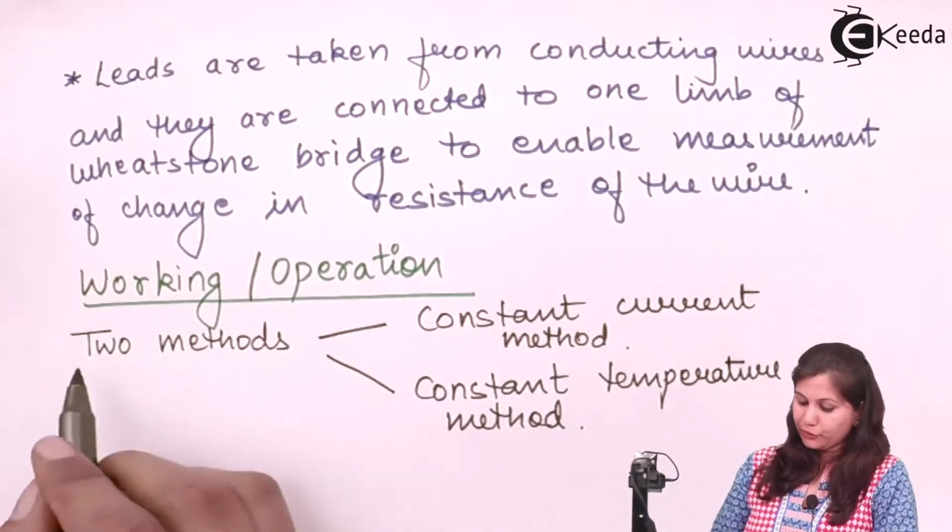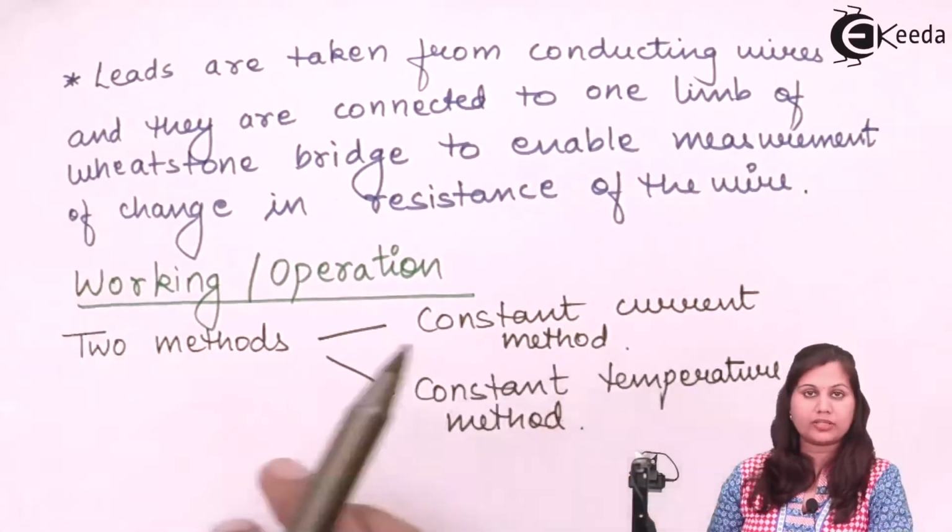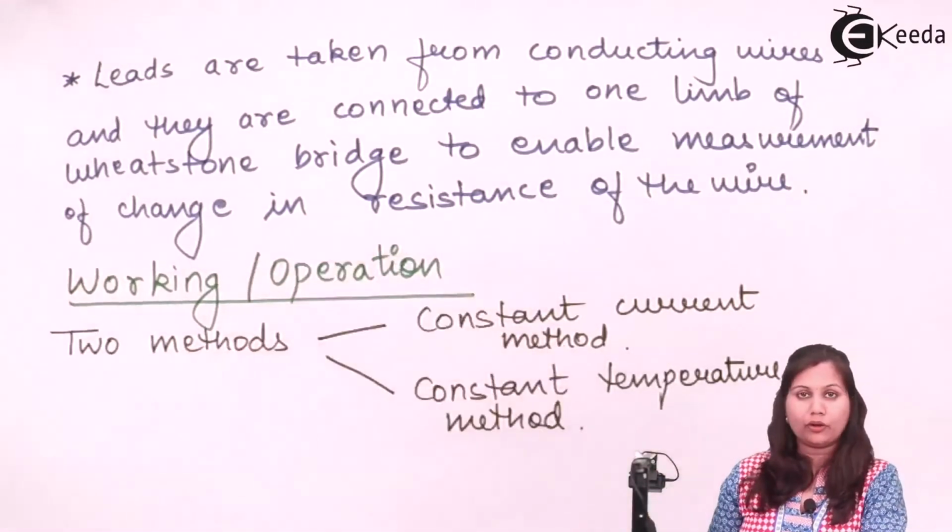So first we will study the first method, that is the constant current method for the measurement of flow rate.